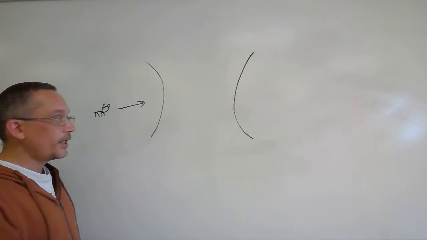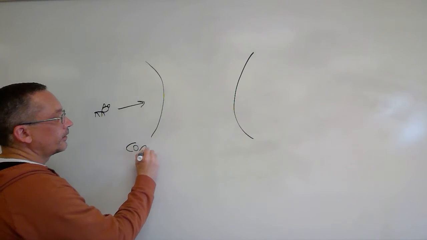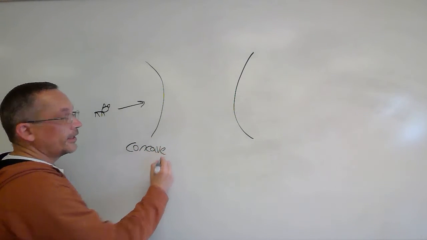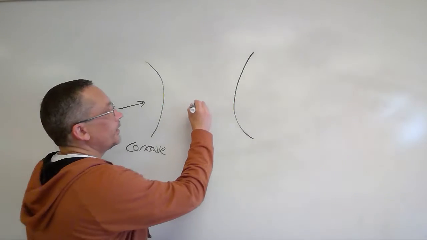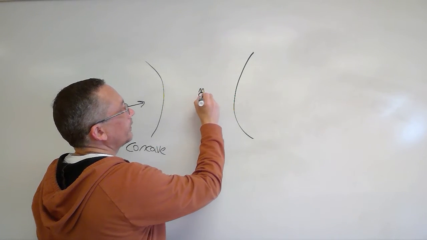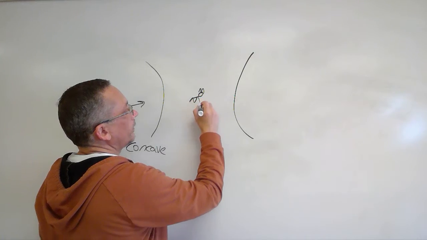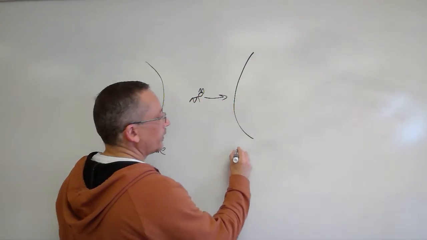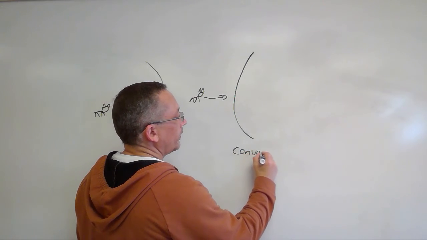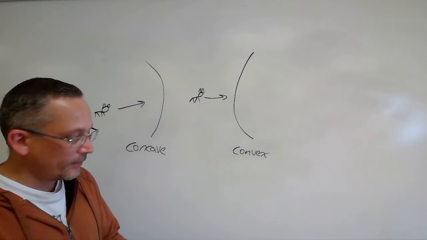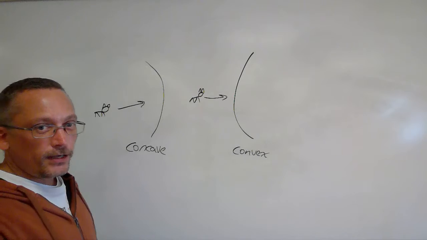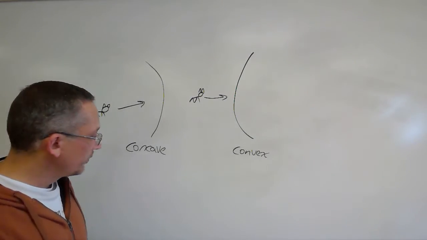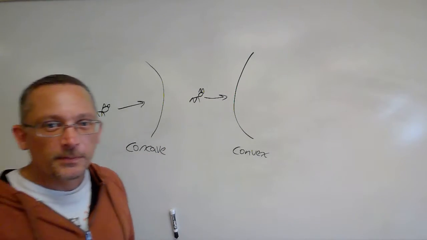If the bear can go in the cave, then it's concave. If the bear can't go in the cave, then he gets vexed, and it's convex, right? So can the bear go in the cave? If so, it's concave. Like my bear.